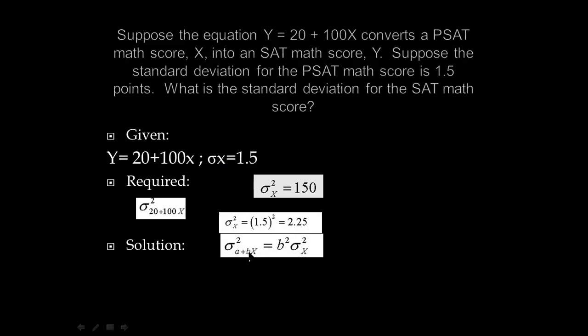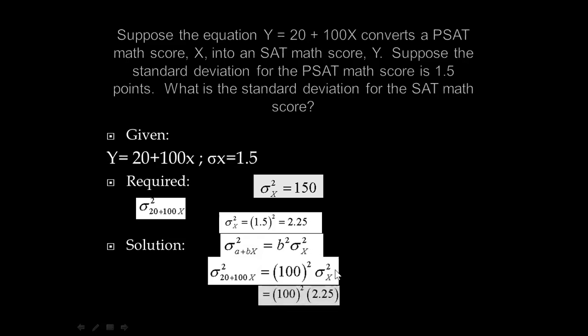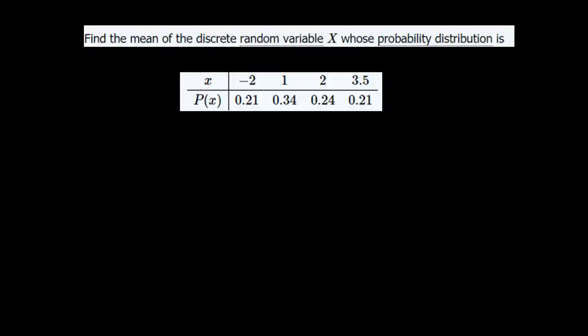Solving now for the variance, the variance is equal to 100 squared multiplied with the variance at x. So 100 squared multiplied with 2.25 gives us 22,500.